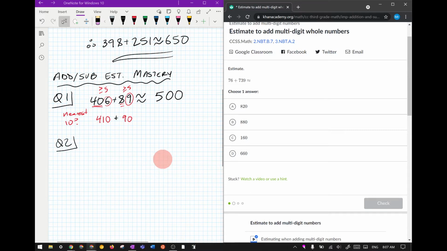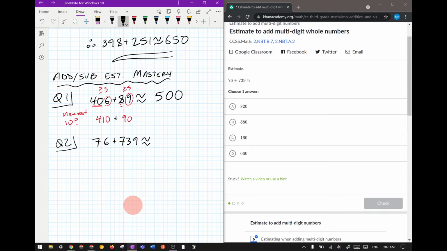Okay, so let's look at this one here. 76 plus 739. If we look at 76, that would round to 80 if we were going to the nearest 10. If we were going to the nearest 100, if we round up, because the 7 here is greater than 5, that would be 100.